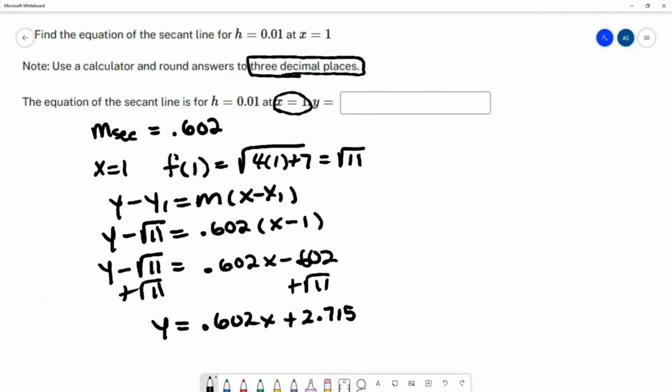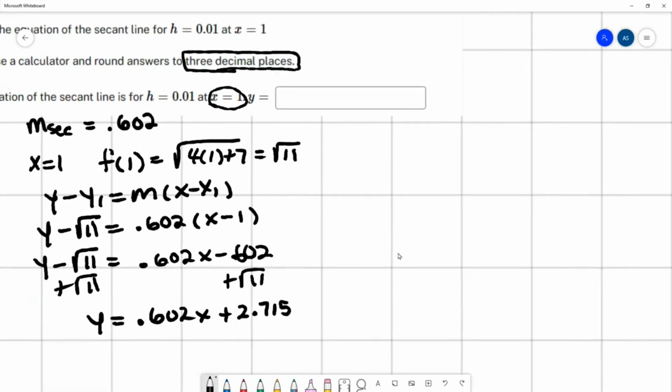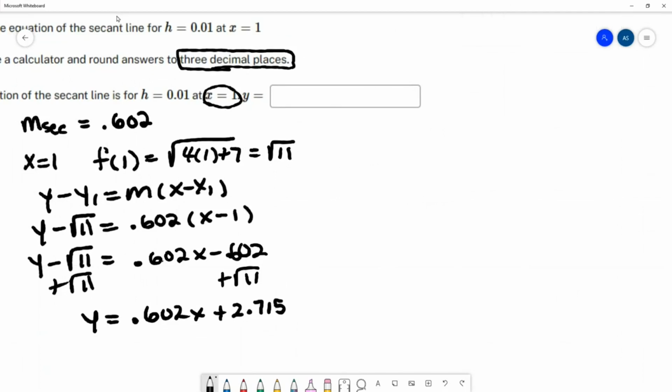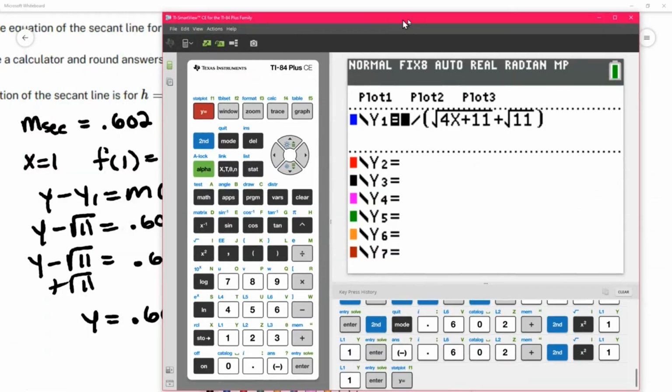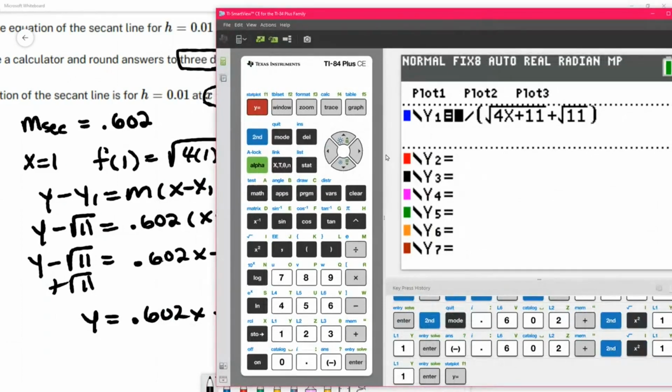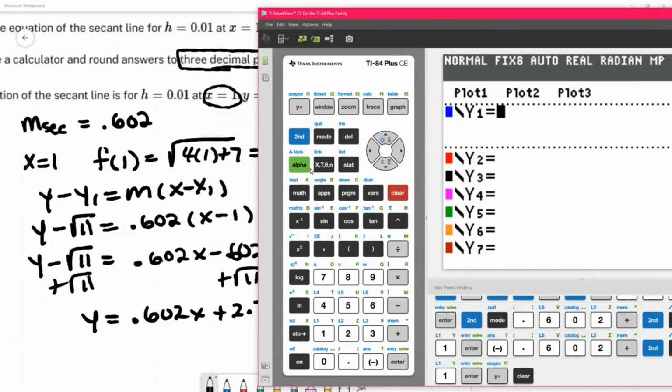So we found the slope of the secant line when h is equal to 0.01 at x equals 1. I'm going to take a moment to graph exactly what we're doing here. In my y equals menu, I'm going to put the original function, which was square root of 4x plus 7.